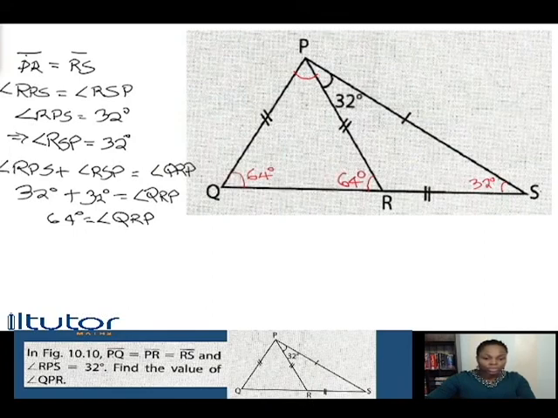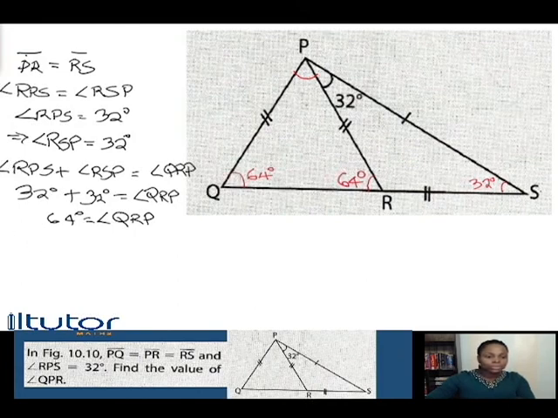So for this triangle PQR, two angles are already known, so we'll just subtract these two from 180 degrees to get the unknown angle.